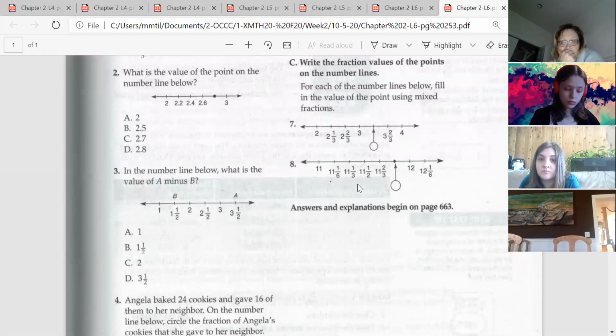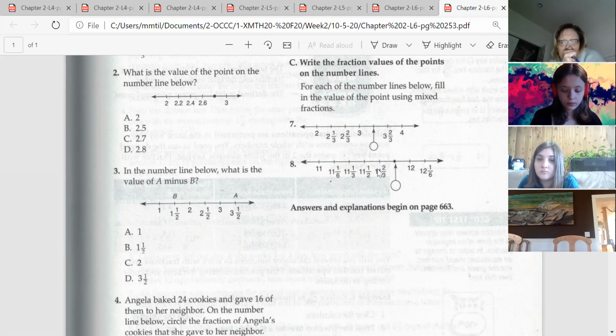What about number 8? I'm going to go to the whiteboard and do this too a little bit because it's important to get it. What about this one?